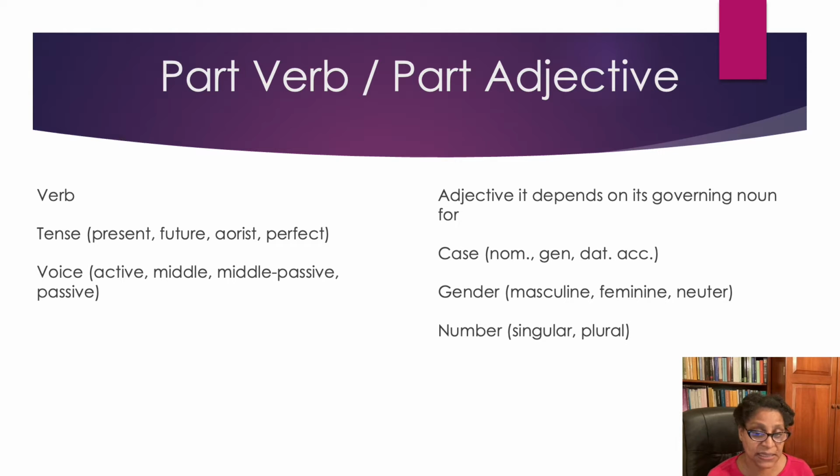They can be active, middle passive, and passive. And on the adjective side, it's going to depend on a noun that's governing it. So it's going to have case, gender, and number that it gets from this other noun or pronoun. And it'll also behave in the way adjectives tend to do.